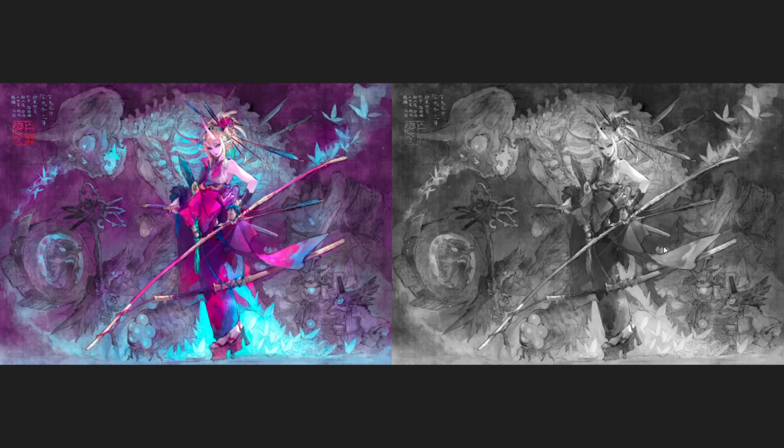So there's that. This is also a Loisa Chen piece, a little bit more colorful. As you can see, the value structure doesn't have any super heavy blacks, but we are still drawn to this character, not just because of their color, but because they have nicely contrasted values, which aren't present in the background.